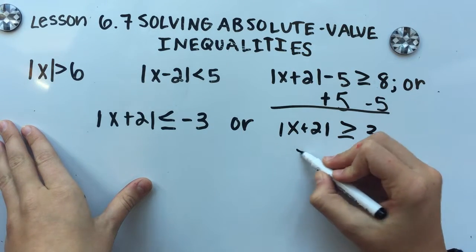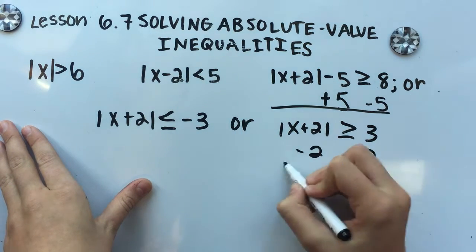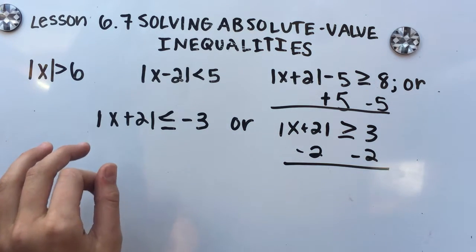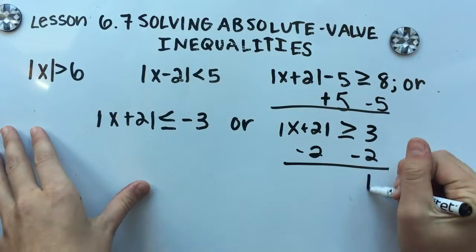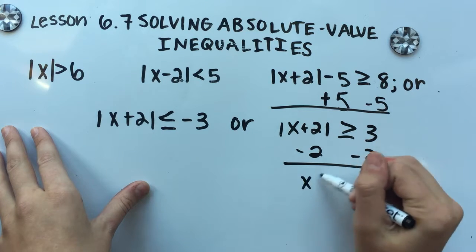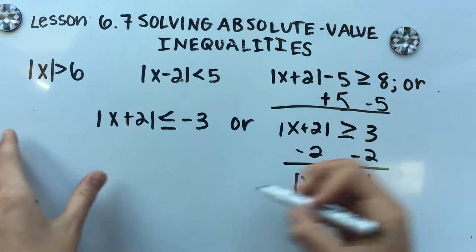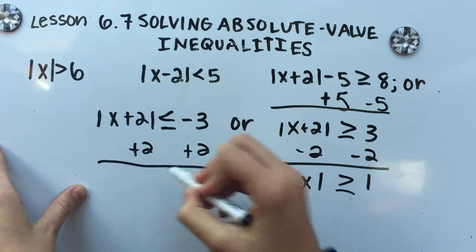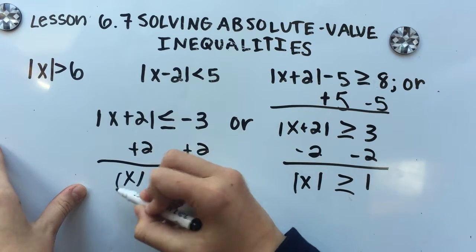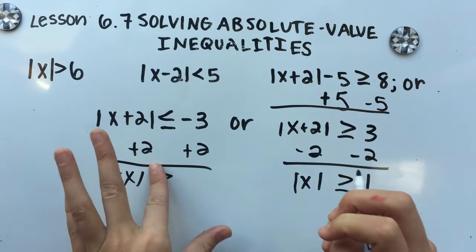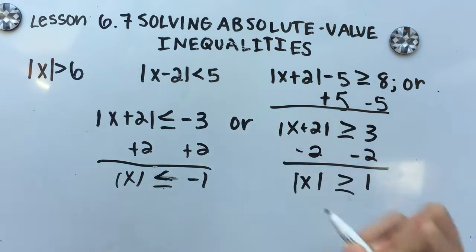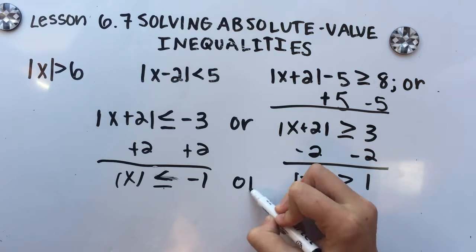So now we're going to simplify both inequalities, subtracting 2. And now we have both of our solutions.